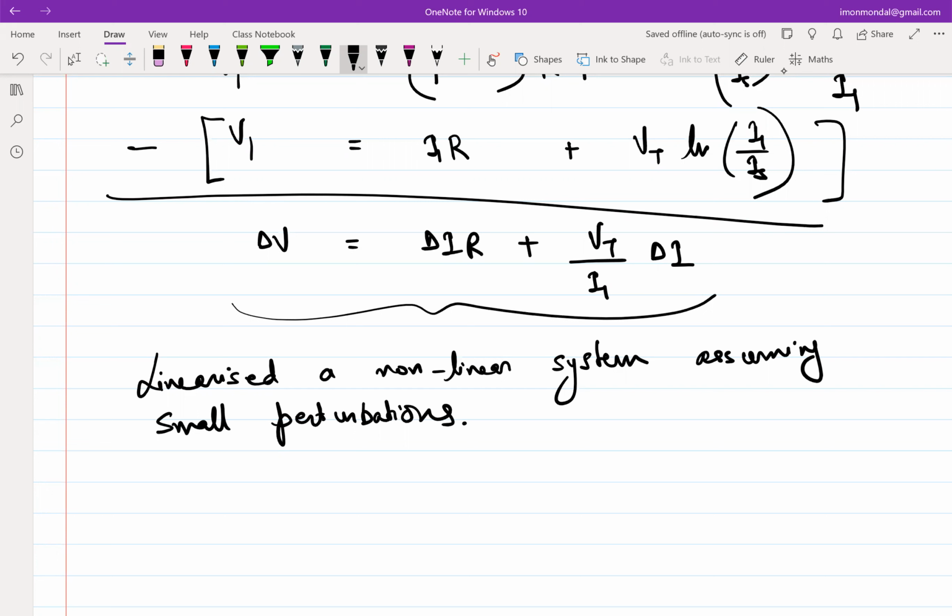You have all the tools that you have learned till now to analyze a linear system. It's Taylor series, right? A Taylor series approximation helped us come from a nonlinear system, which is difficult to analyze, to a linear system, which is easy to analyze.